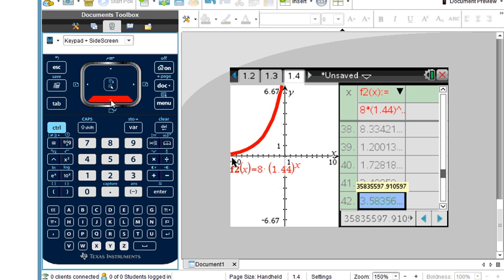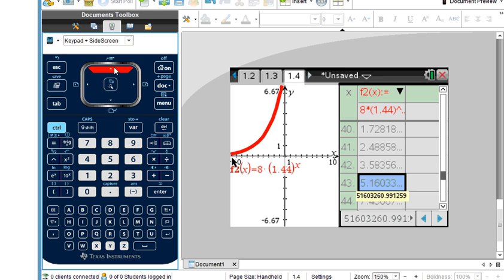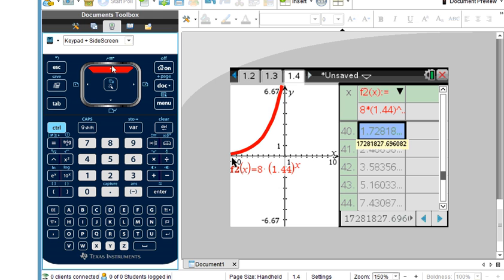Wow, it's getting really high there. That's 743. Got to go back. Way too high. Okay, that's 5 million there.